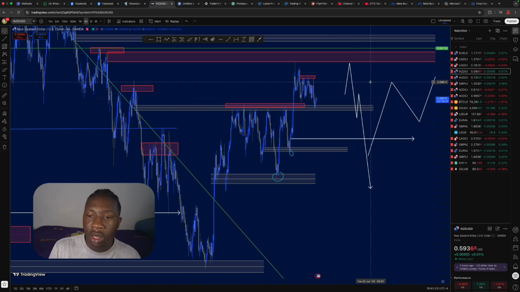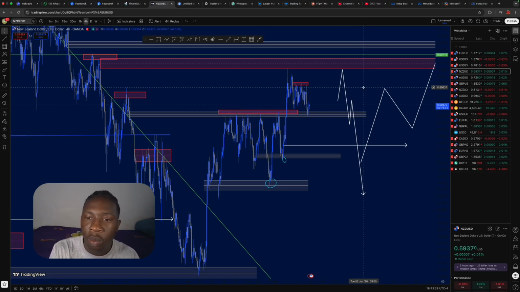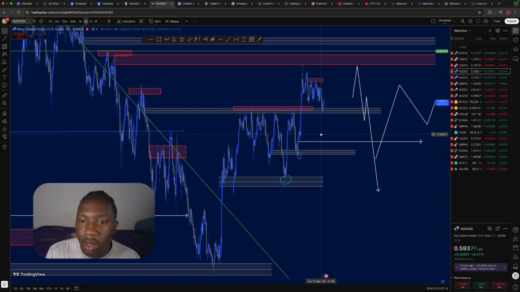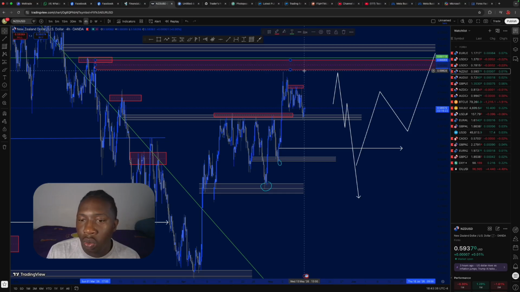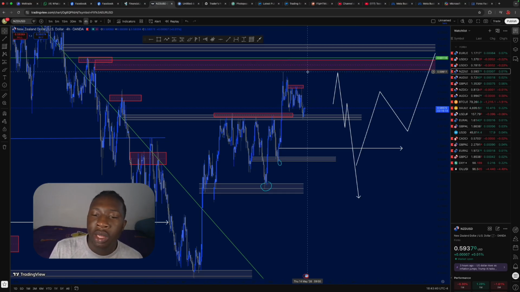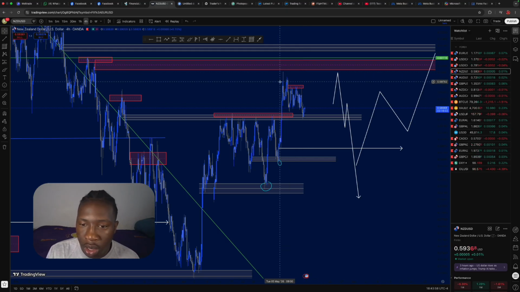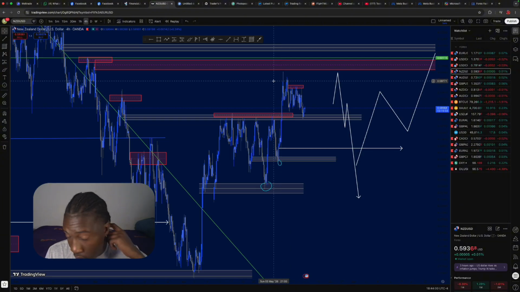NZD USD. NZD, we said we need a move to the upside that is going to reach this high point, and then we will see a confirmation or a rejection of buyers being rejected by sellers, saying that we need to start selling, and we'll start selling on that point, not this one. This one was an intrusive 10.